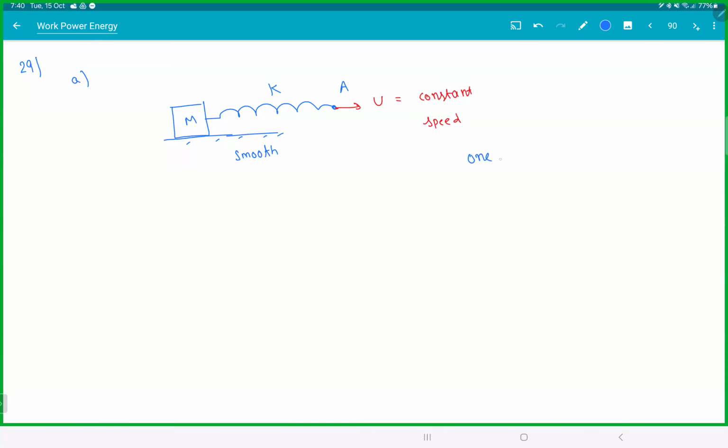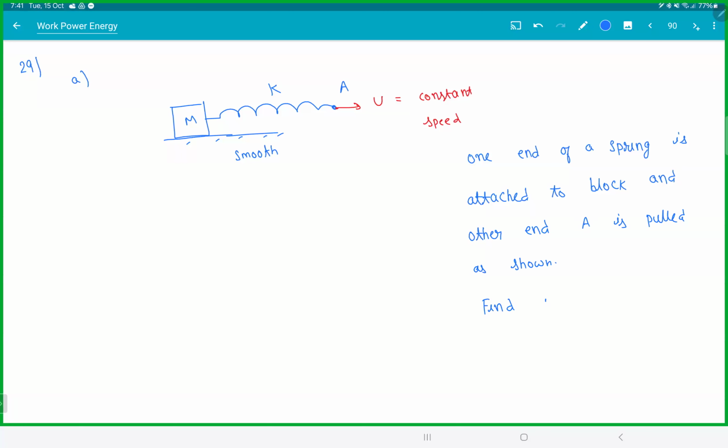So one end of a spring is attached to the block and the other end is pulled with constant speed. Find maximum elongation. Someone is pulling it. We're not sure who and what, but they're managing it.